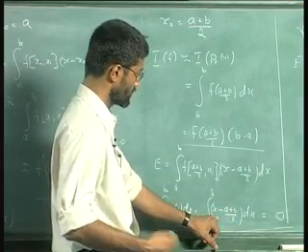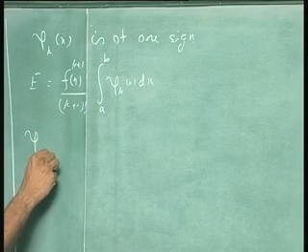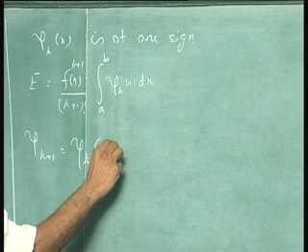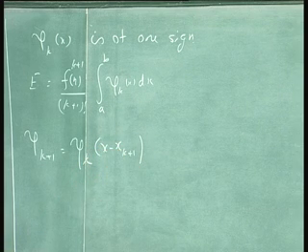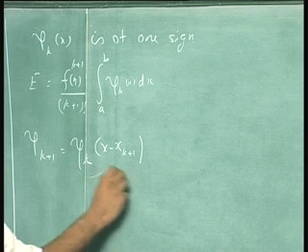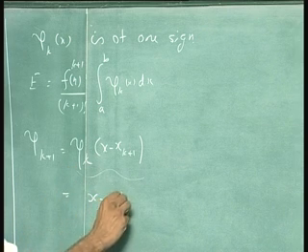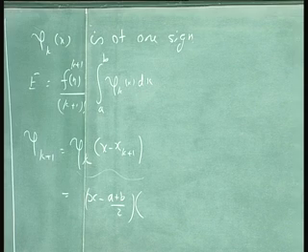So I want to write my psi k plus 1 as psi k into x minus x k plus 1, and I want this to be of one sign. That is, I have x minus a plus b by 2, and now I want to multiply it by something else such that it is of one sign throughout the interval.